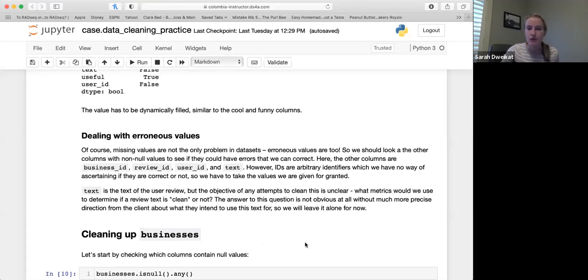So, if we look at our reviews data set for erroneous values, all we have left is business ID, review ID, user ID, and text. We have no way of knowing if these are correct or not for a business ID, unless you had an absolutely correct list of all the business IDs that you could compare to our data set to find anything that doesn't match.